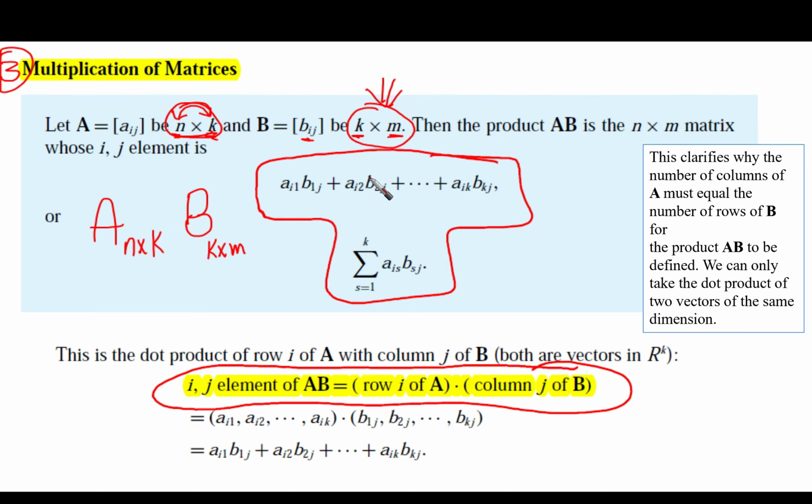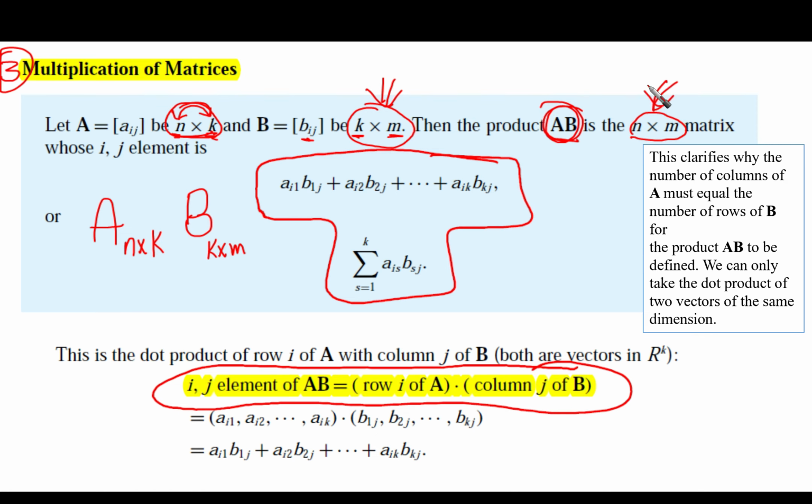Then the product AB, this is the way that we express the multiplication of two matrices. It is A times B, without putting anything here. It is similar to as if we are putting it for the elements. But remember that they are matrices, not elements. It is an n by m matrix.